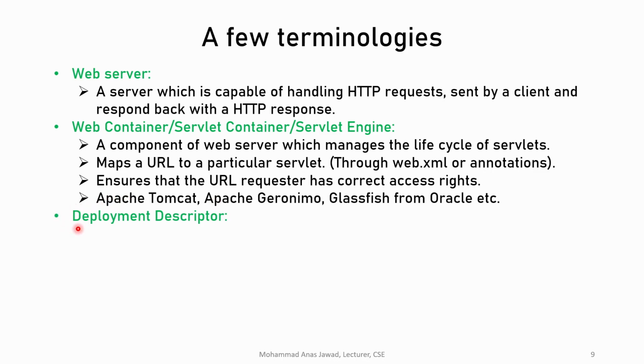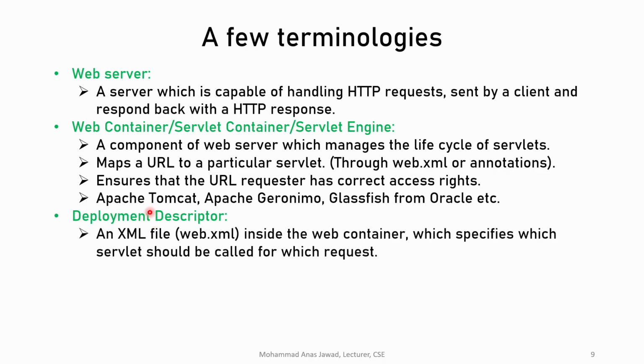Another thing that we need to learn about is the deployment descriptor. So at this line here, you saw that we said something like mapping a URL to a particular servlet, right? So when we are accessing, as a client, a web application, if we want to have something done, then we need to be able to call the correct servlet for our request, right?